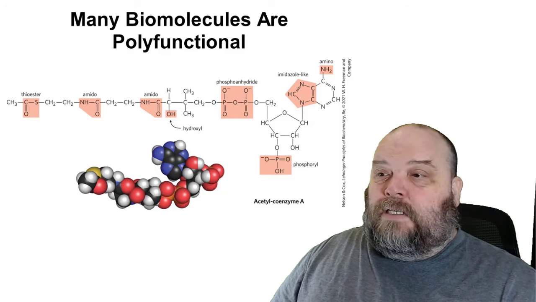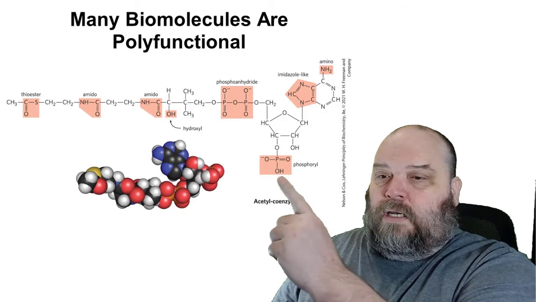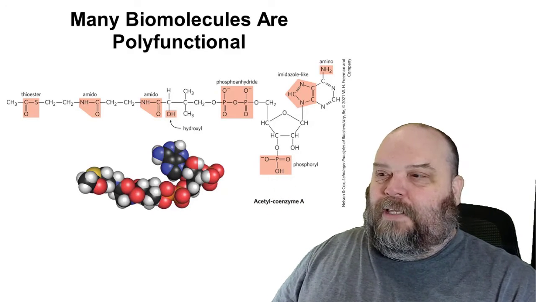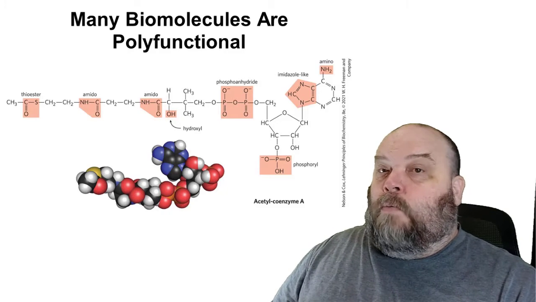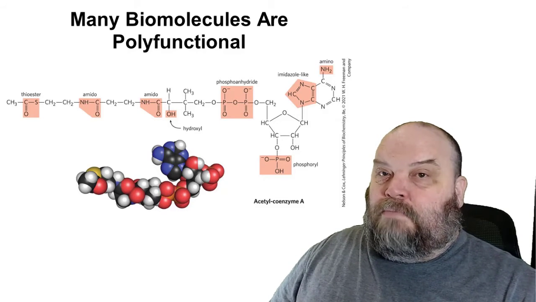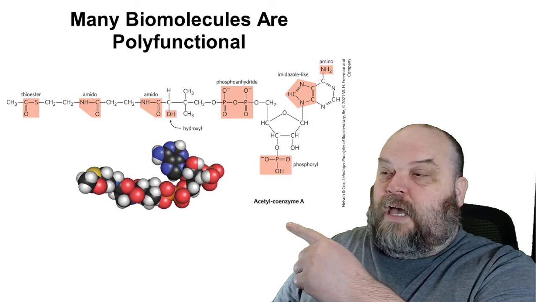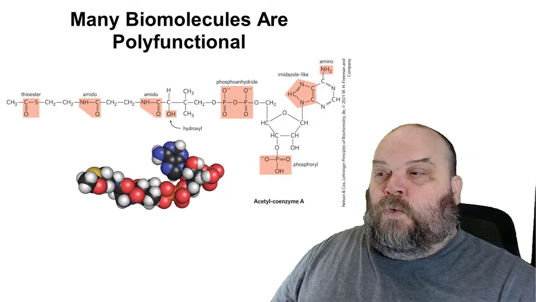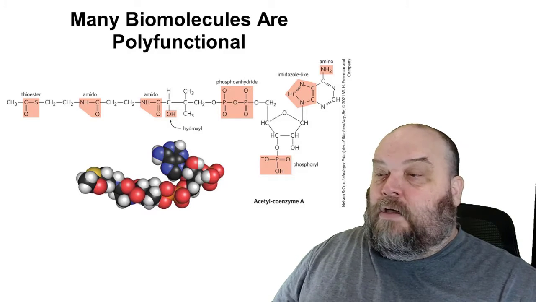Notice all those places you see around here that have an O negative. Oh, yeah. So that's going to open up the possibility of hydrogen bonding with something. The hydroxyl you see halfway through there. Yeah, a slight change in pH, and that's going to be an O negative hanging out there.